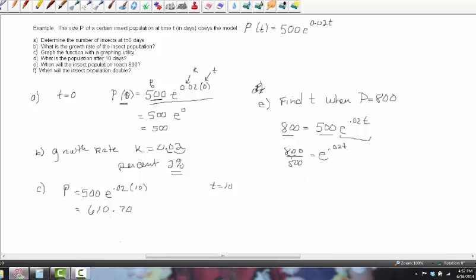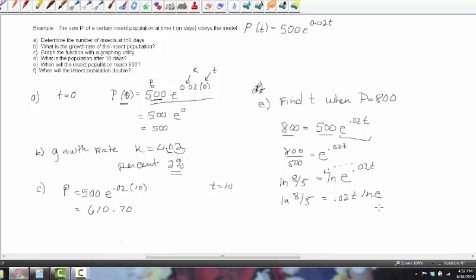Alright, so I can just think of that as 8 over 5. But to bring that t down to a place where I can solve for it, I need to take the natural log of both sides. So natural log of 8/5 is equal to the natural log of e to the 0.02t. And now I can bring this exponent down in front. So this is natural log of 8/5 is equal to 0.02t times the natural log of e.